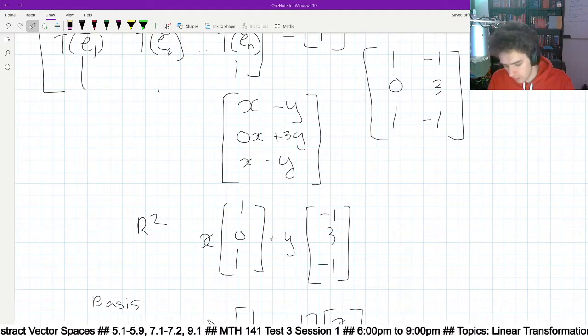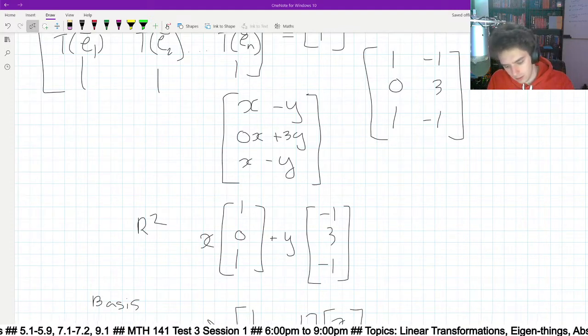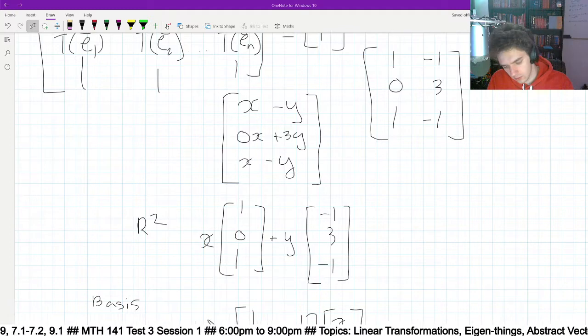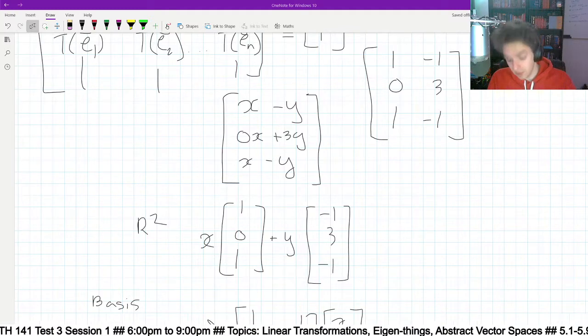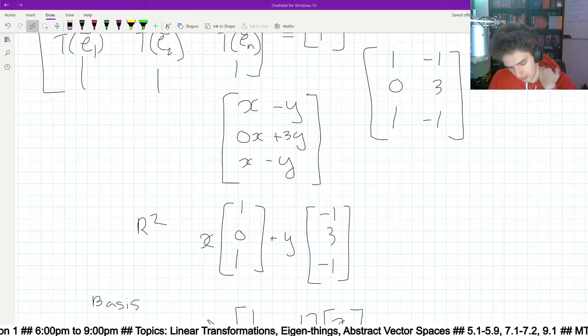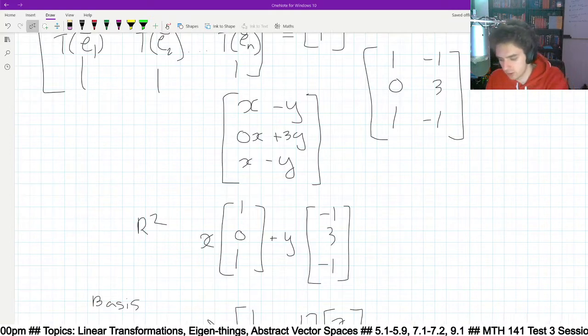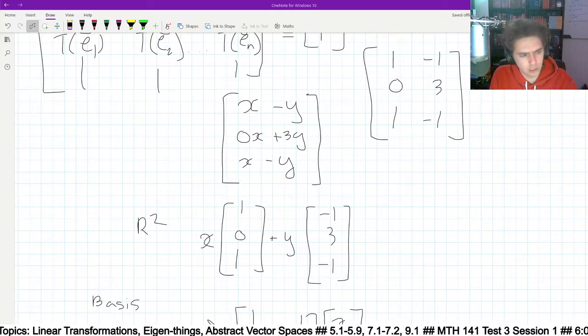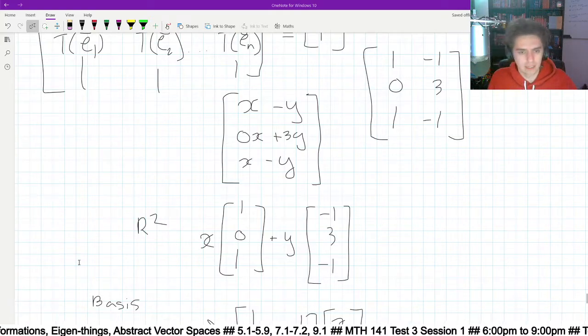This chapter is going to talk about composite transformations and inverse transformations, and that's it. And there's one question from the textbook which I think we should do here, but other than that, it's just those two things.